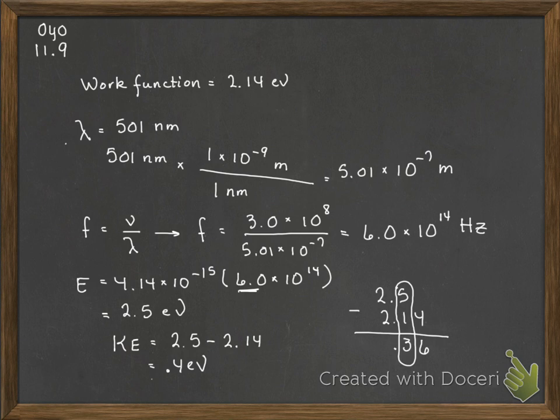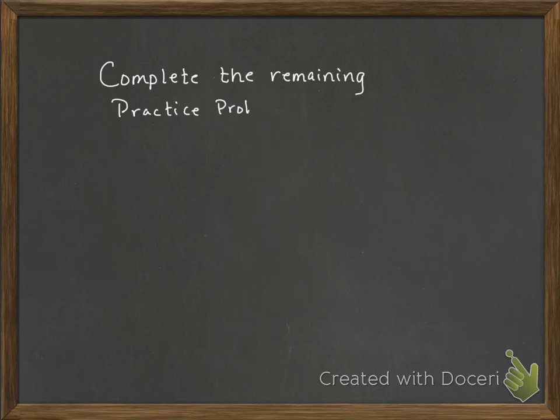So now what you will be able to do is the rest of the practice problems. Complete the remaining practice problems at the end of this chapter, because the ones that we did before pertained to the math of sound, and the remaining ones, it's only 3 or 4 of them I think, are the math of light.